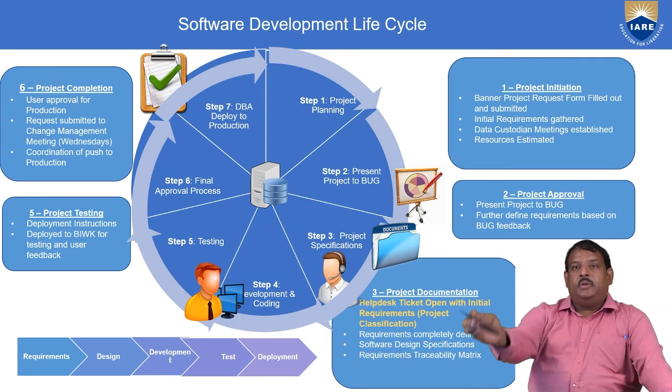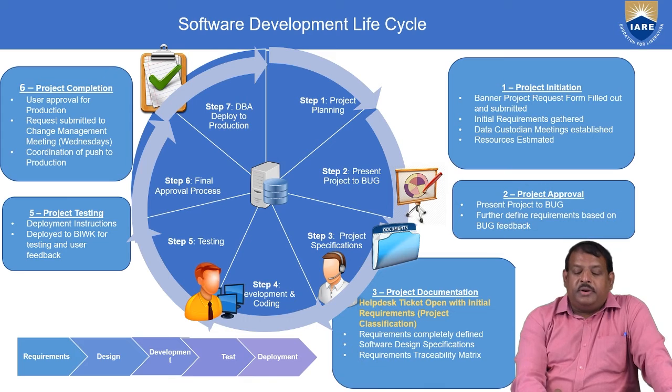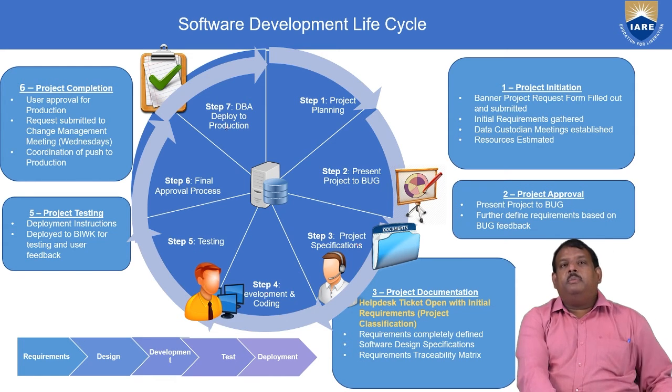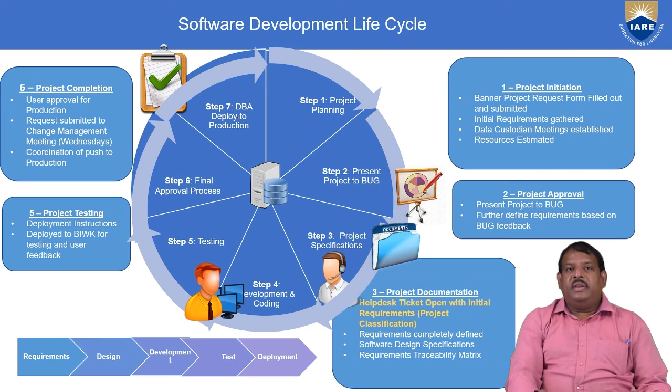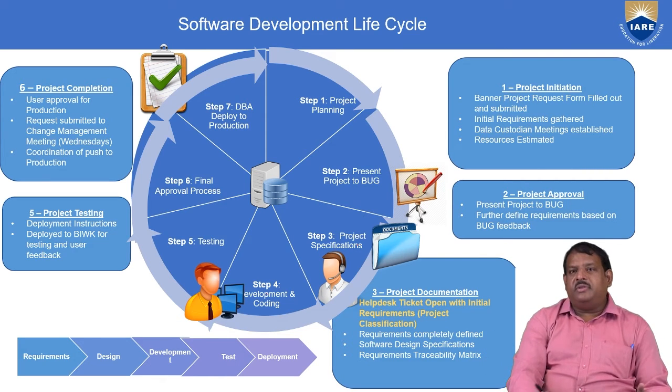First is project planning, then presenting the project to the team, project specifications, development and coding, testing, the final approval process, and the DBA deploying to production. These are the various stages. We have 7 stages here.